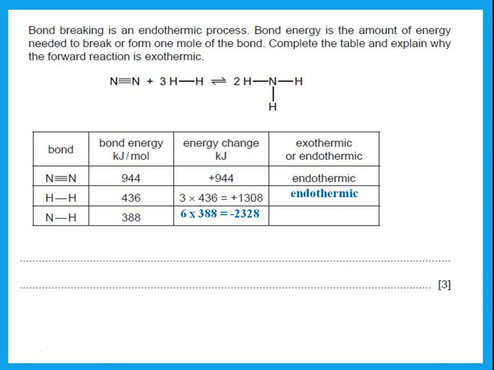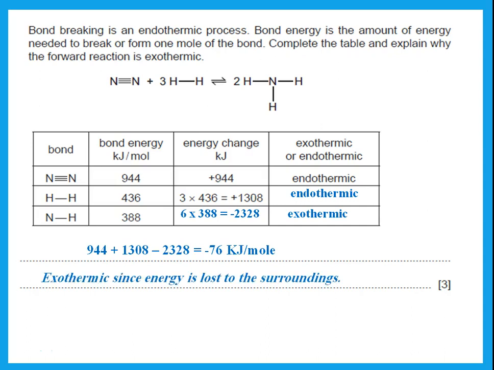These are bonds formed in the product, so this is an exothermic process and the energy change is negative. To determine whether this reaction is exo or endo, you add up these numbers: plus 1308, plus 944, minus 2328, reactants positive, products negative. Add them all up, and the final answer is negative.